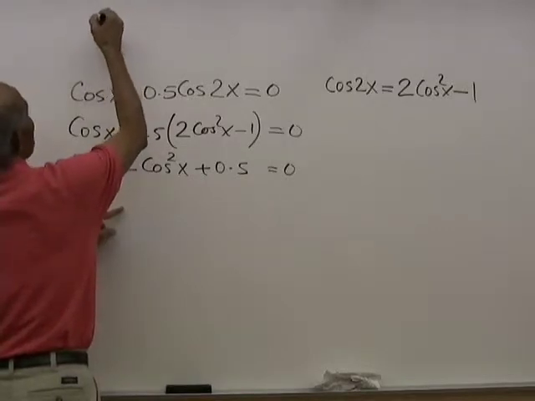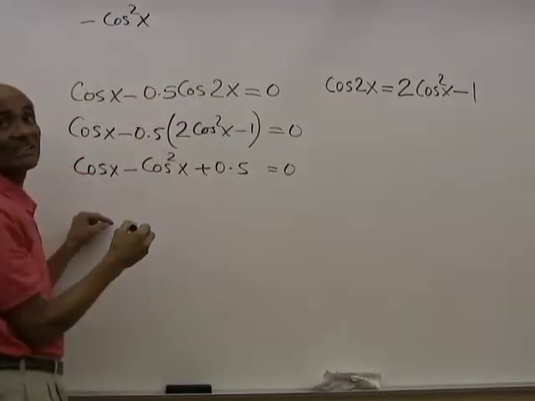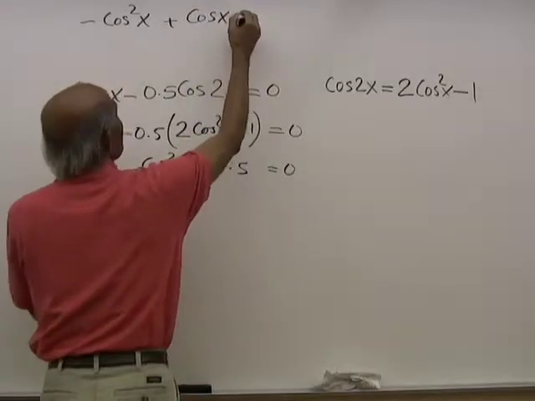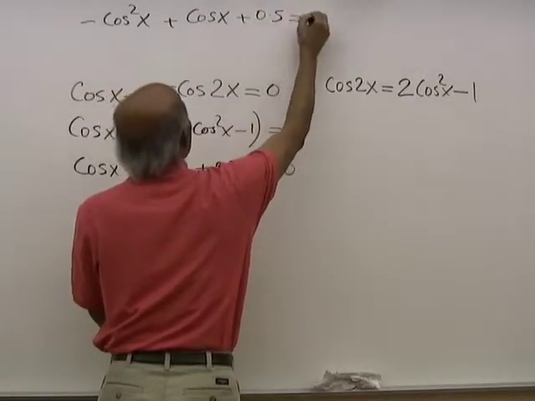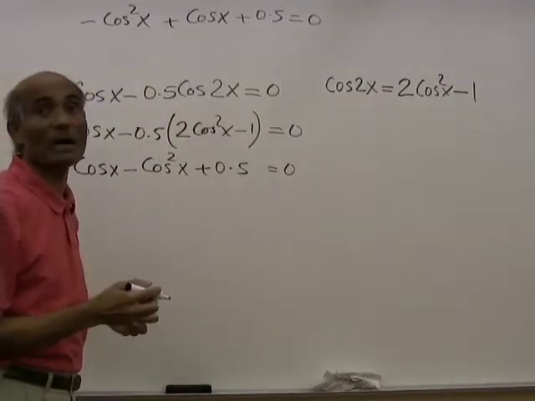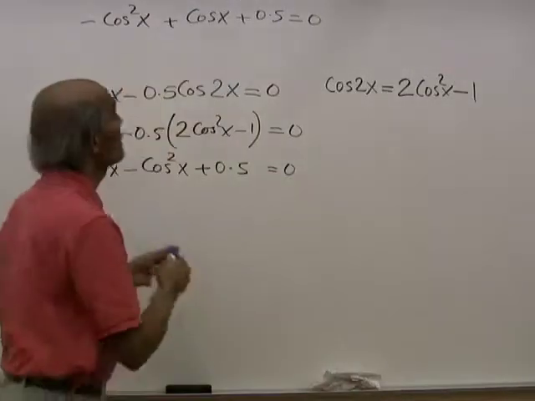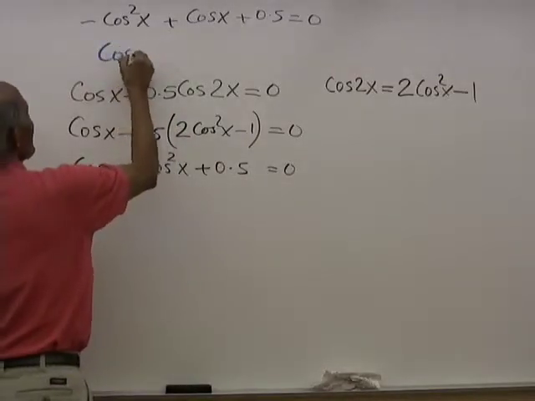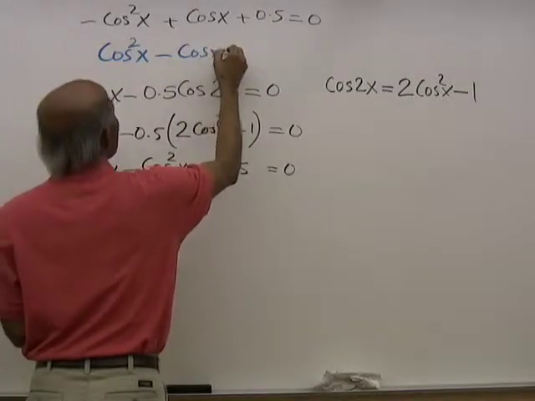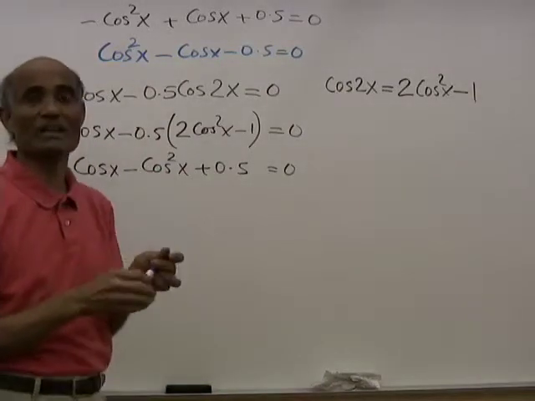So that will be negative cos squared x plus cos x plus 0.5 equal to 0. Or we can multiply each term by negative so that you can make the first term positive, and that will give you cos squared x minus cos x minus 0.5 equal to 0. That is our quadratic.